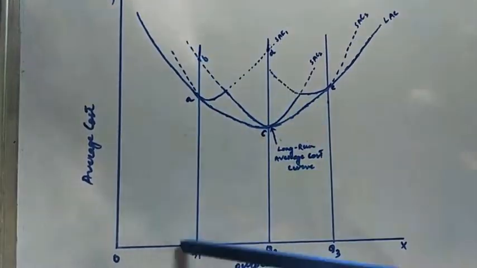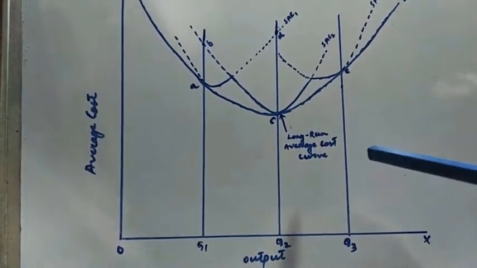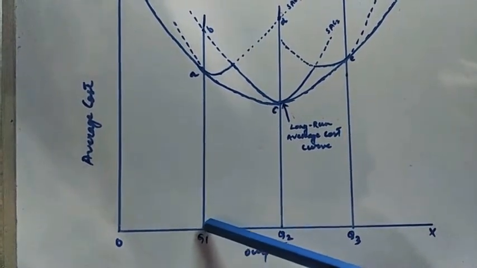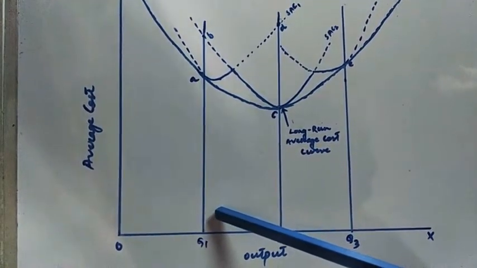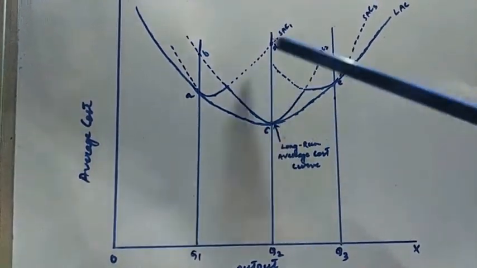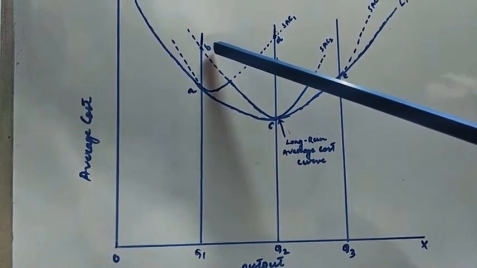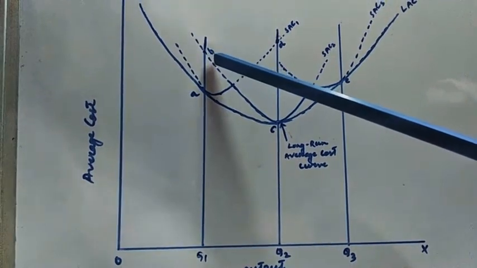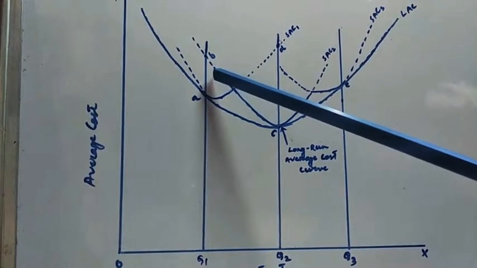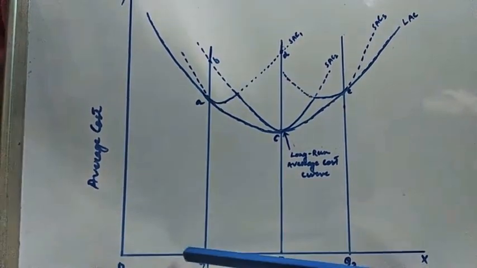So looking at figure 6, in the production of output OQ1 with the higher plant size with short run average cost curve SAC2, the operation point is at point B. So at SAC2, it will cost the firm Q1B, which is greater than Q1A.